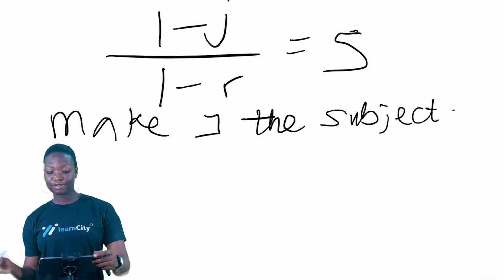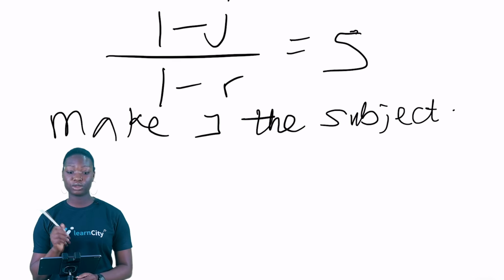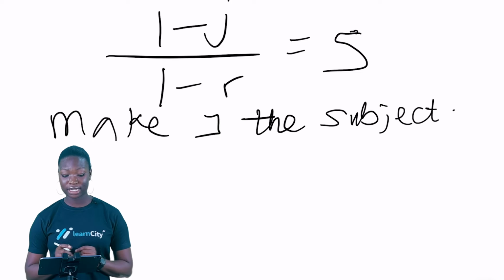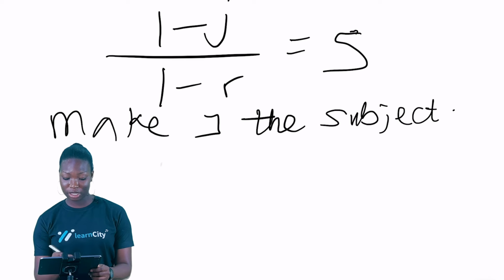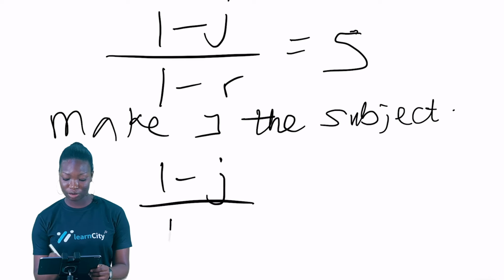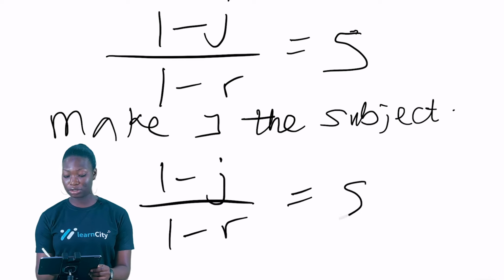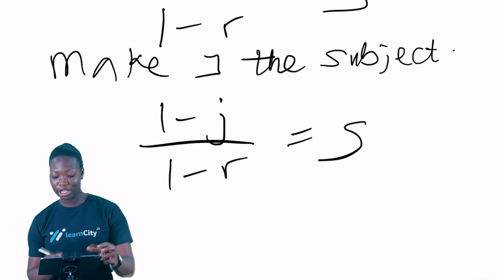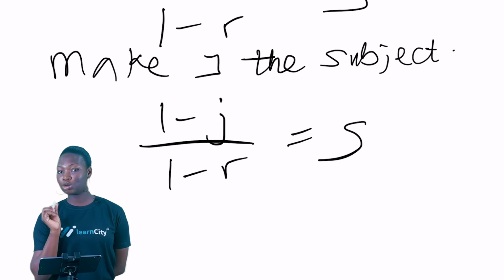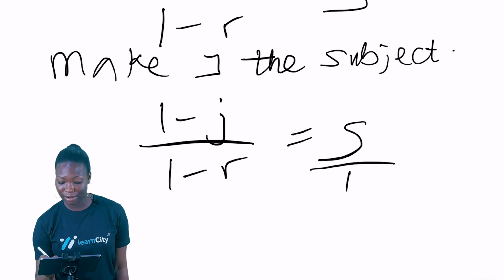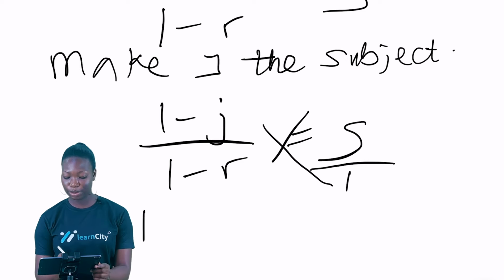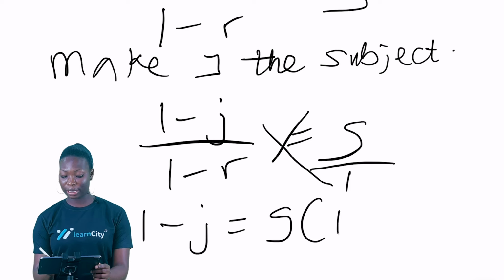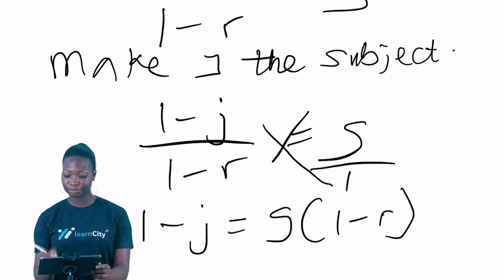Now, we have 1 minus j over 1 minus r, which is equal to s. Then, in this case, this s can also be written as s over 1, then cross multiply. So we have 1 minus j, which is equal to s into bracket 1 minus r.